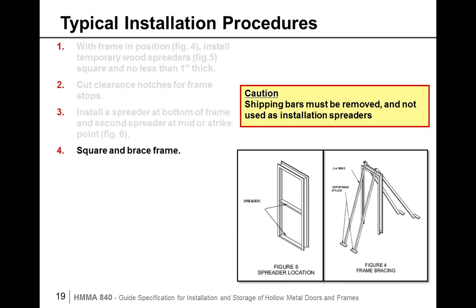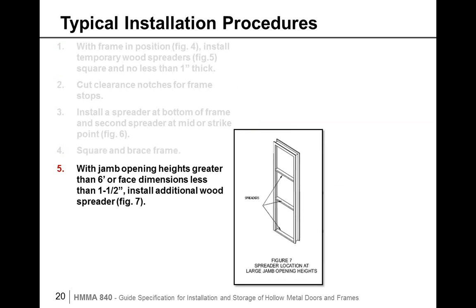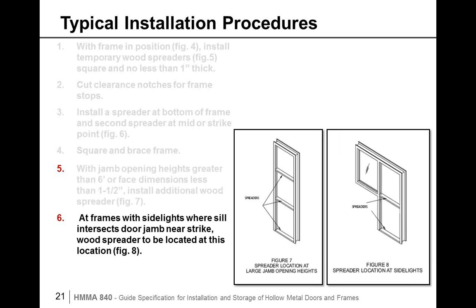Now, after it is located and positioned, the frame is squared and braced so that the installation is proper. From there, if this is a larger type opening, an additional spreader is installed above the lock level. Now, before like anything above, say, 8 foot. For side light frames, spreaders are also installed prior to the wall buildup.